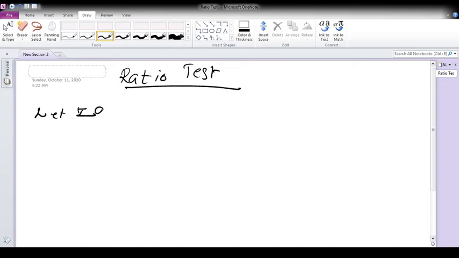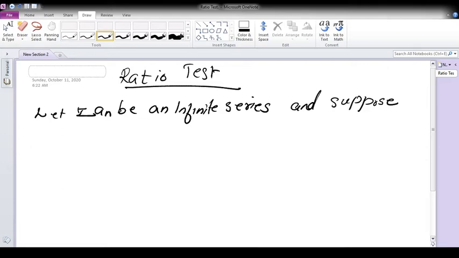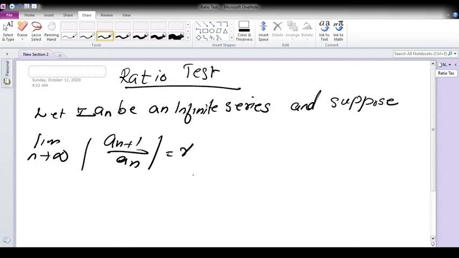Let summation a_n be an infinite series and suppose the limit as n tends to infinity of |a_(n+1)/a_n| equals r. The series converges if r is less than 1.